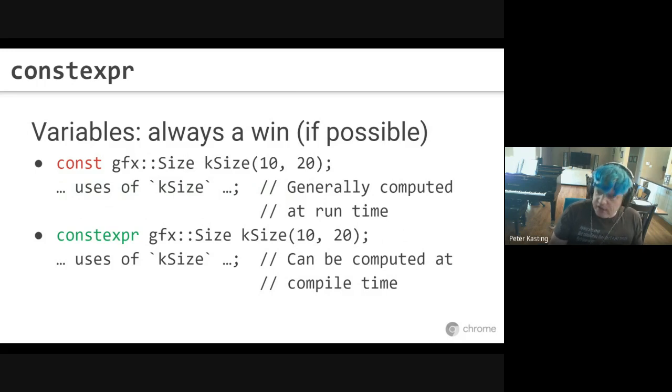Now, maybe it could do that in some cases already, but generally constexpr can help things actually get size and speed benefits. And sort of the heuristic here is if you would name the variable kFoo, it probably can be constexpr. And if you wouldn't, it probably can't. If you don't know when you would name a variable kFoo, then this won't help you, but I'm sorry, I tried.